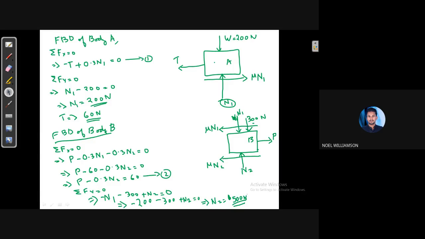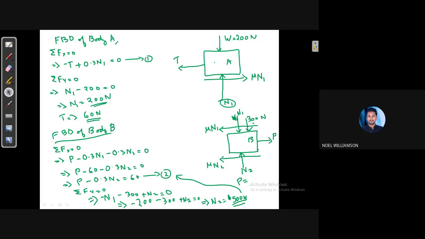And we can substitute this value into this particular relation and you will get the final value for P. Newton, yes.